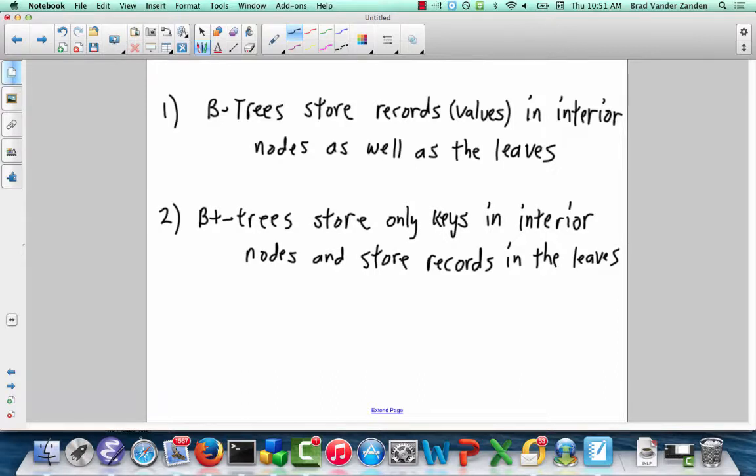So in a B tree, a key appears only once. A key appears only in one node.